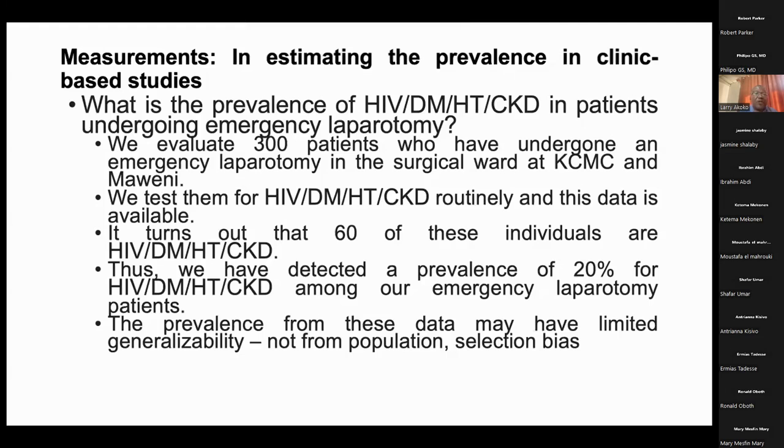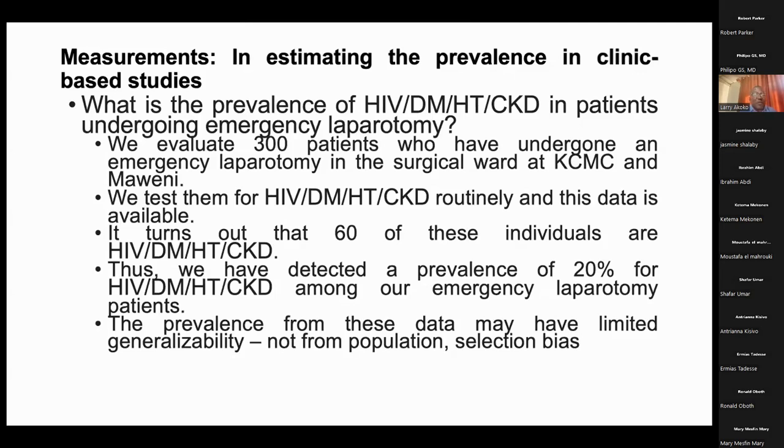So we evaluate 300 patients who have undergone an emergency laparotomy in the surgical ward at Kilimanjaro Christian Medical Center and Maweni. These are big hospitals in Moshi town again. And we test them routinely for HIV, diabetes mellitus, hypertension, CKD, and this data is made available.